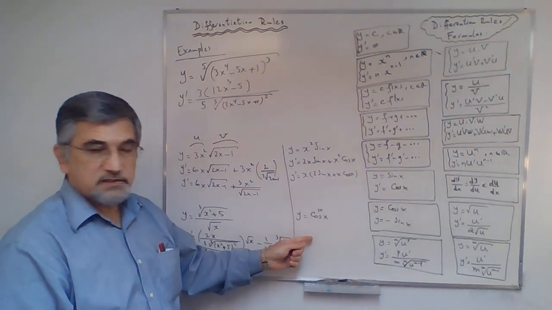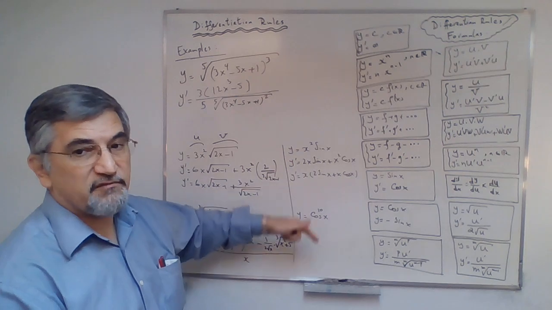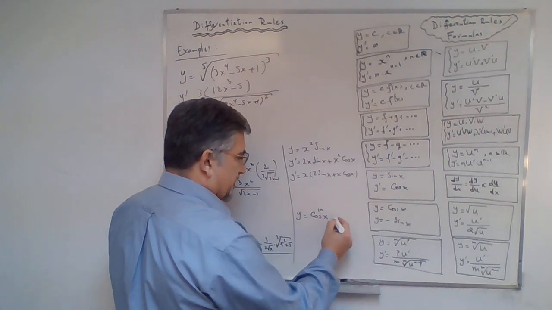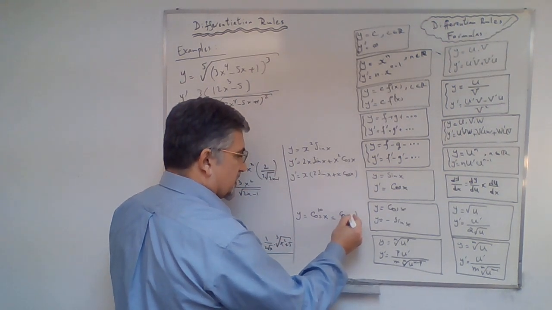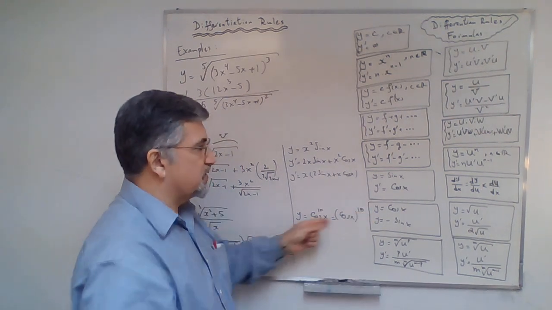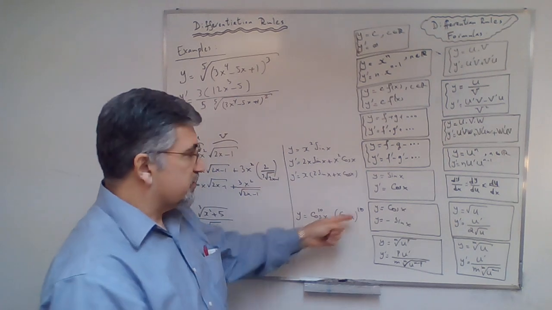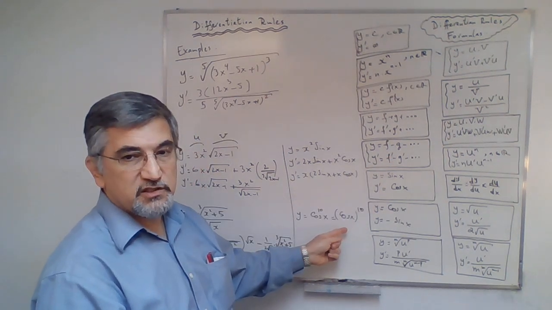This one is another exercise. It says cos of x, but then cos to the exponent of 10 of x. This is actually cos x, the whole thing raised to the exponent of 10. And this reminds me of the formula for u to the exponent of n. Here what plays the role of u is not a polynomial, it's cos x.